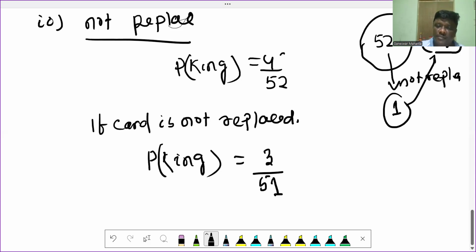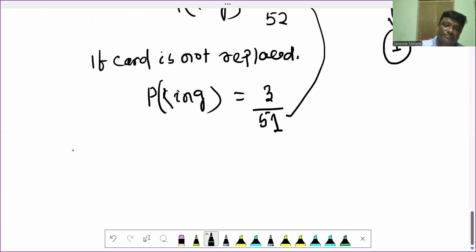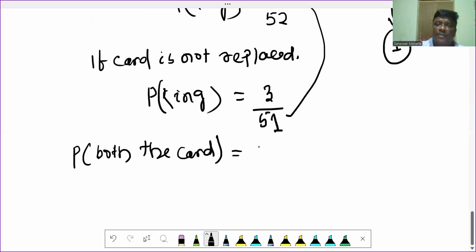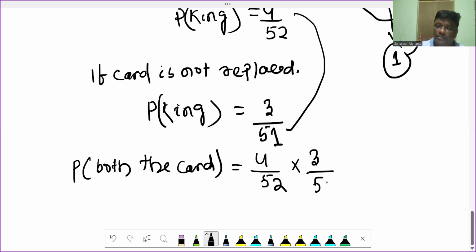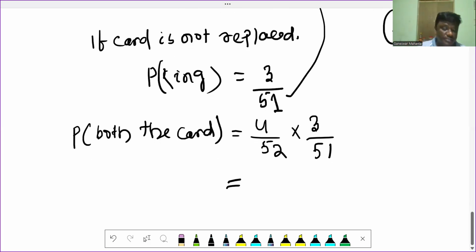So the probability of both cards is 4 by 52 into 3 by 51. This is your probability for the case when it is not replaced. That is 4 by 663.